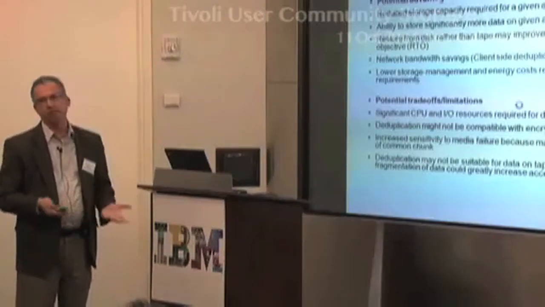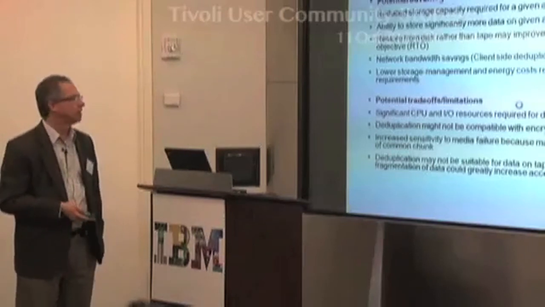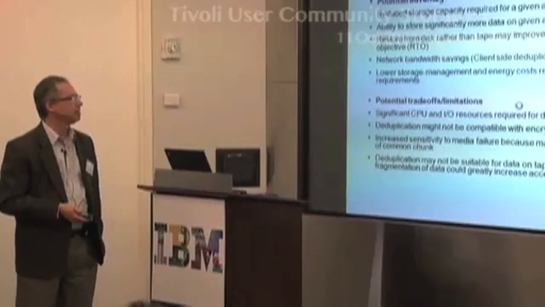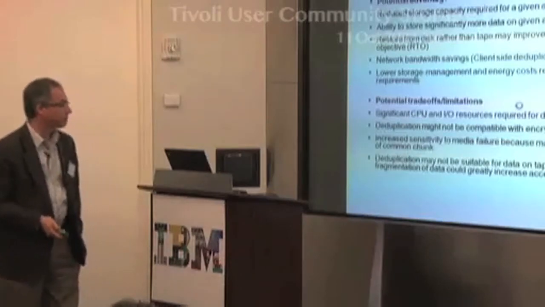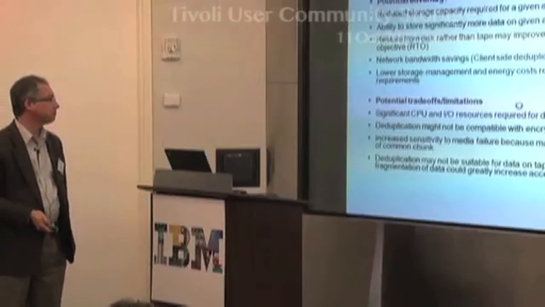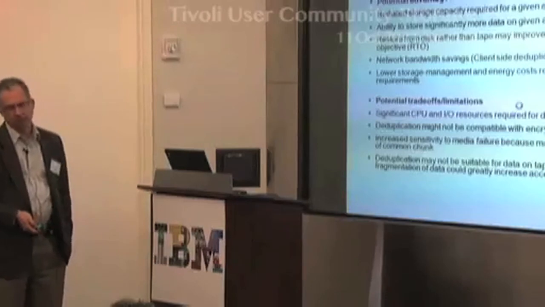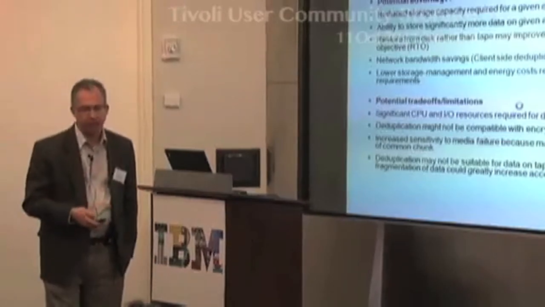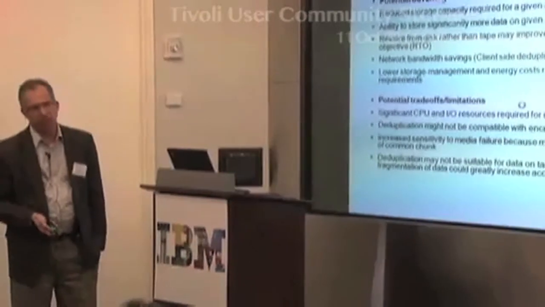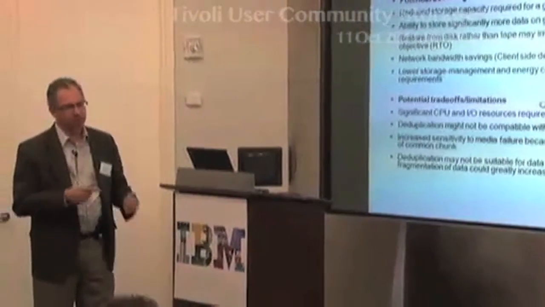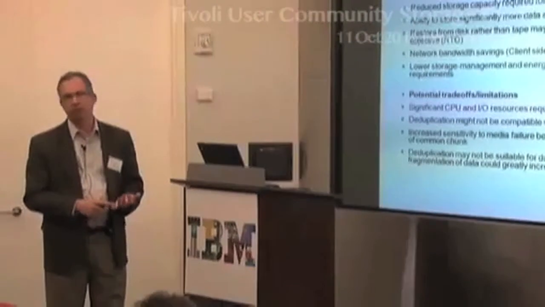So I think it changes the game significantly if you're looking at dedupe and you have a high volume backup environment. But you definitely have to look at what's going on upstream because if you are doing encryption, encryption really waters down the dedupe.